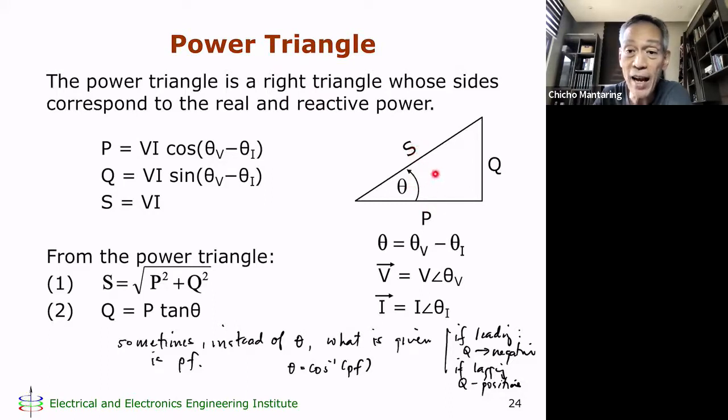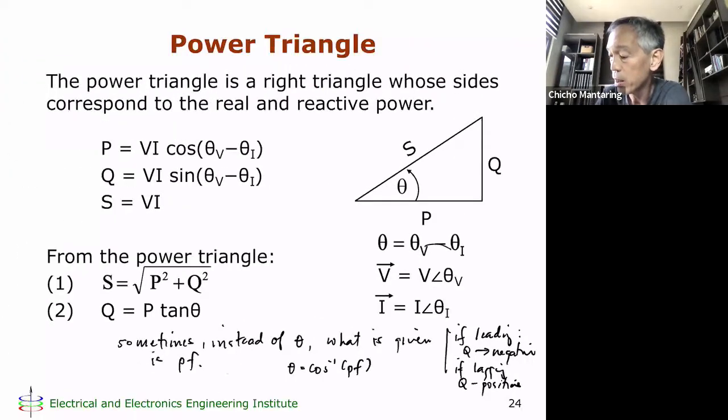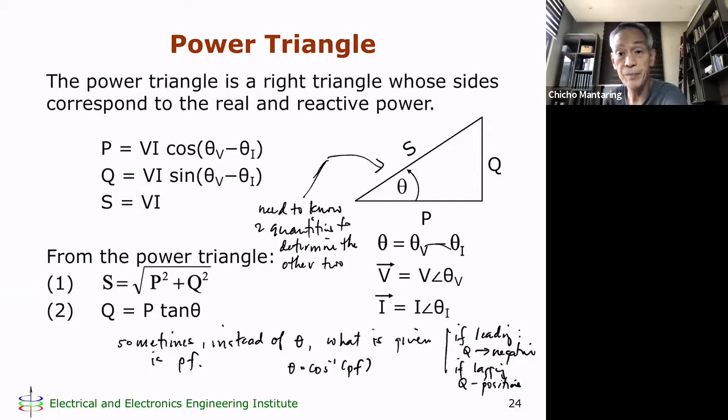If I know S and theta, I can determine P and Q. If I know P and theta, I can determine S and Q. You just need to know two quantities to determine the other two. Are there any questions?